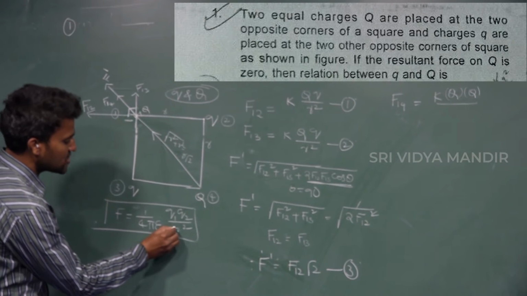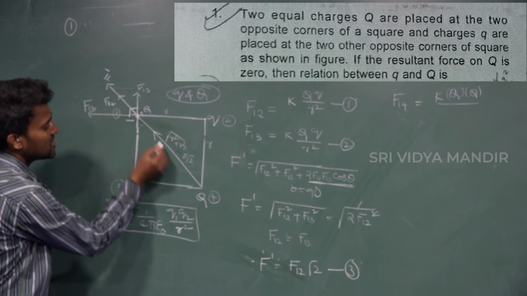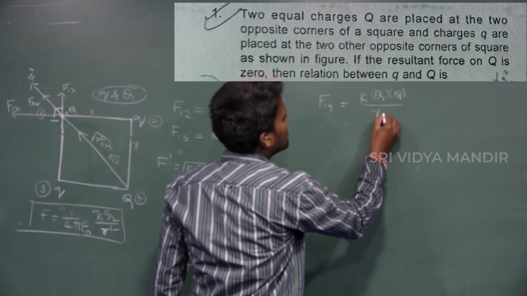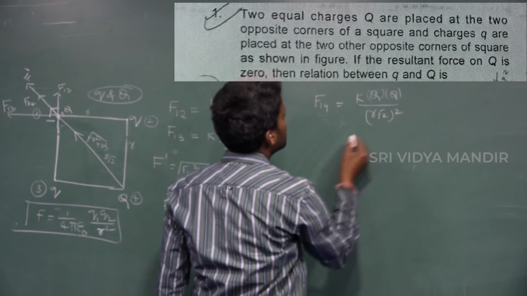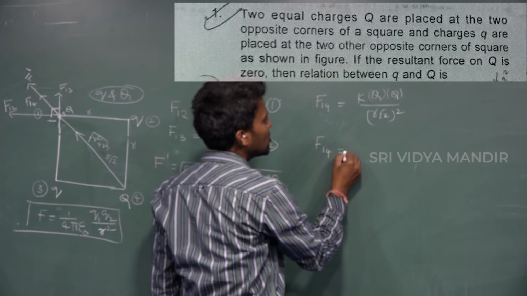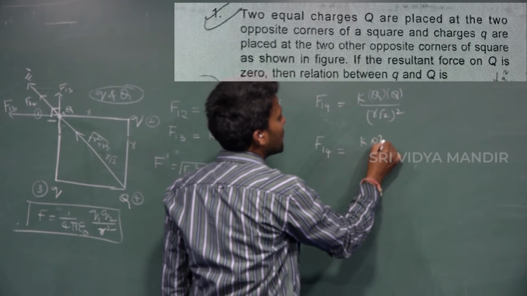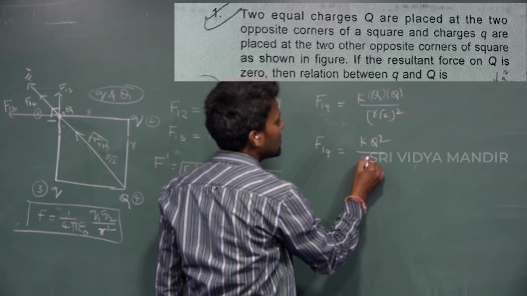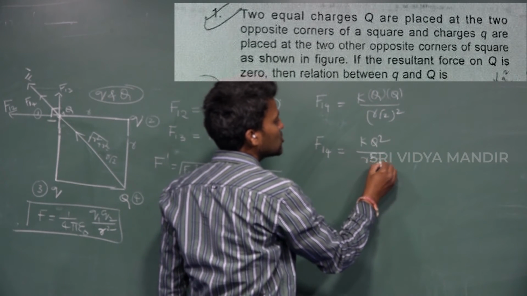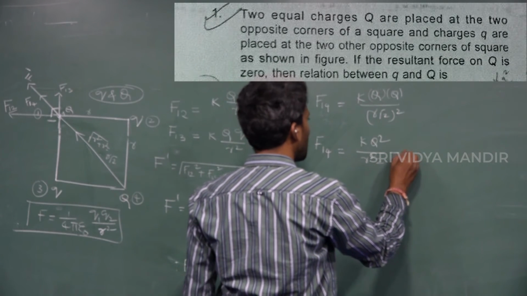Now I am substituting r root 2 whole square. So F14 is equal to K Q square divided by r square into root 2 whole square. Root and square get cancelled, so that's why I am writing 2. That is equation number 4.